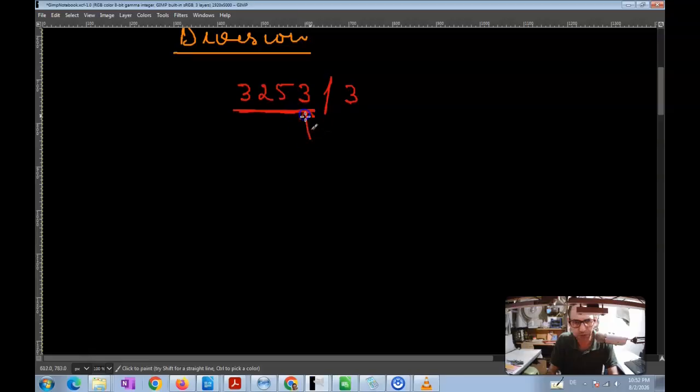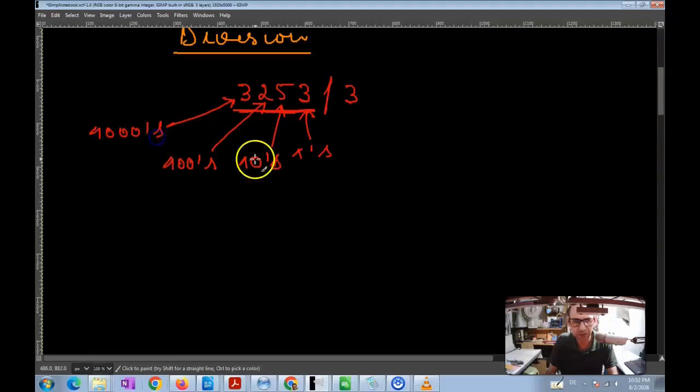This is the ones place, this is the tens place, this is the hundreds place, and this is the thousands place, which simply means that I have 3 groups of 1, 5 groups of 10, 2 groups of 100, and 3 groups of 1,000, right?